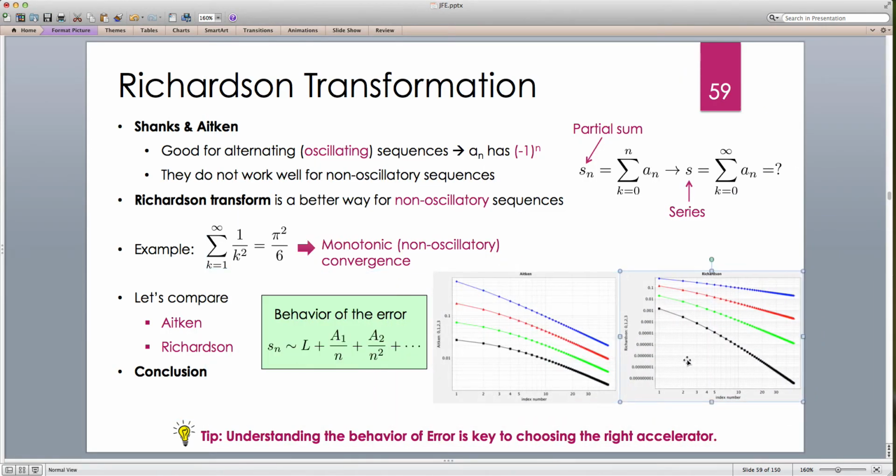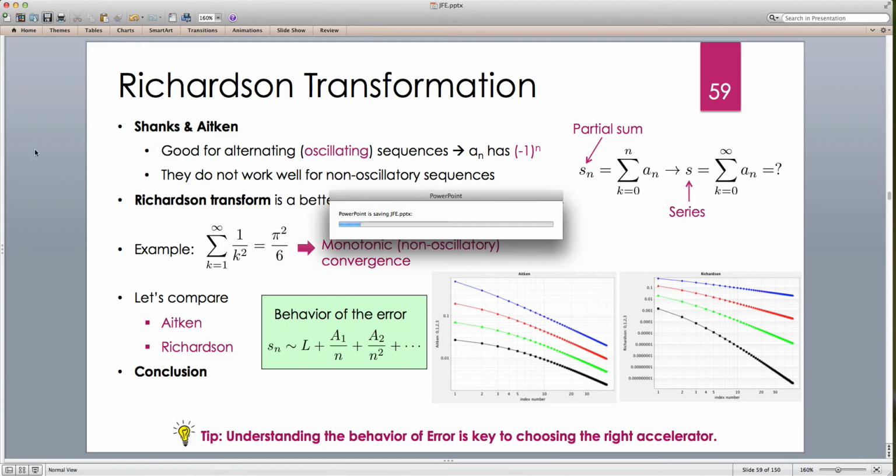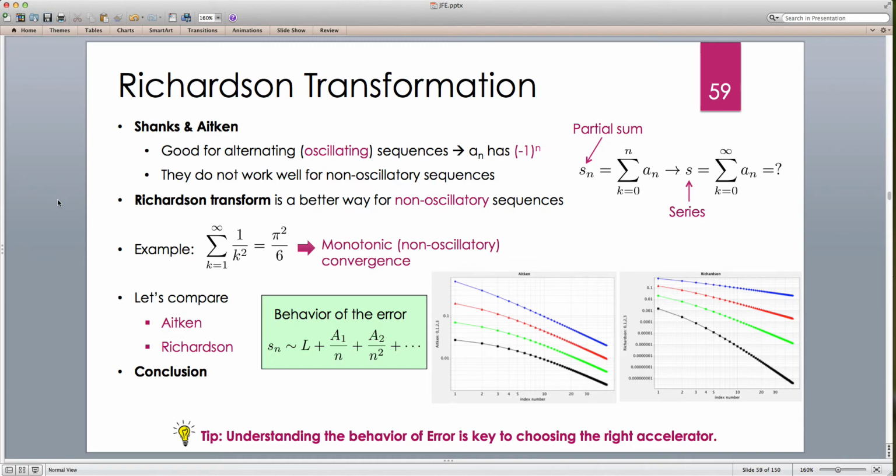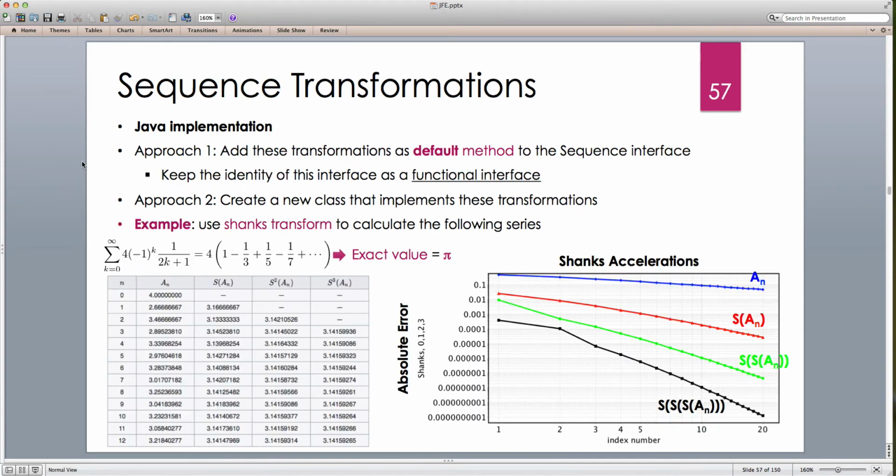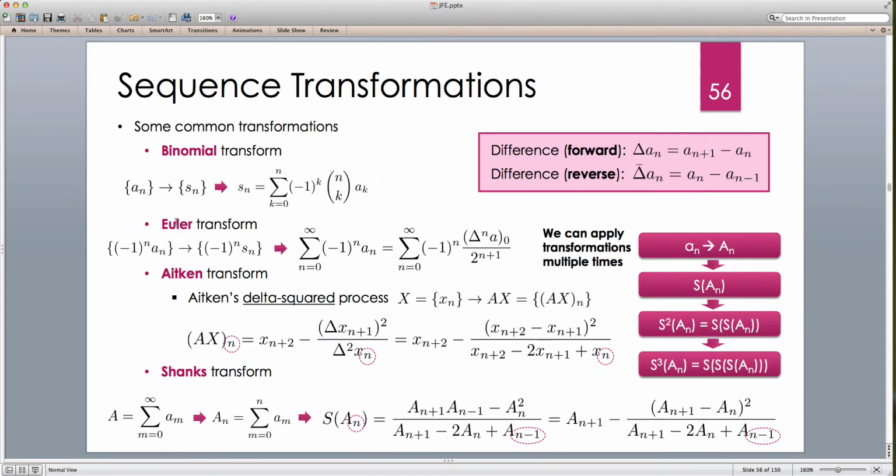And just a side-by-side comparison shows how good Richardson is in terms of accelerating this non-oscillatory sequence to a very good convergence. Okay, so this is one of the very interesting things about these kinds of transformations. Similarly, if you go back and look at the Euler transform, it also works on the oscillatory sequences.